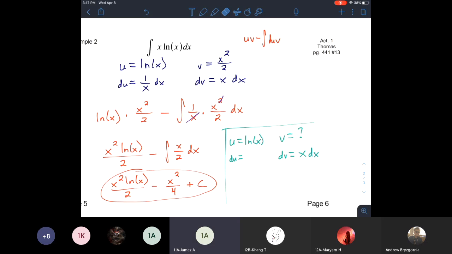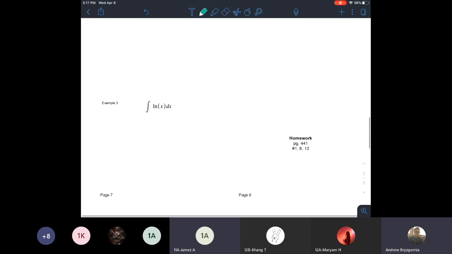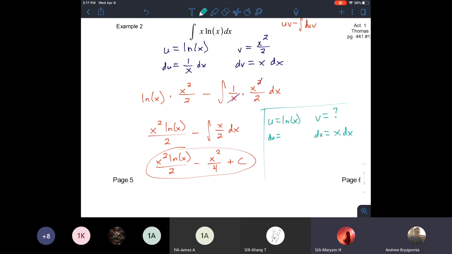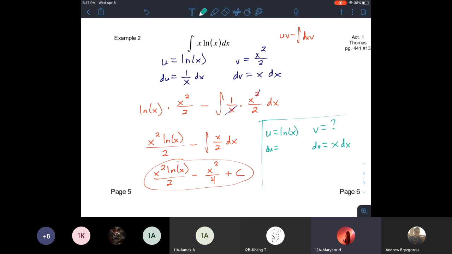So are we ever going to learn the antiderivative for natural log? Yeah, it's actually right there. Oh, okay. Wait, Mr. Briz, I have a question. Yeah. After we learn the antiderivative of natural log, will it be easier to use that, or still keep solving the problem like this as you did here, where u is equal to natural log of x?